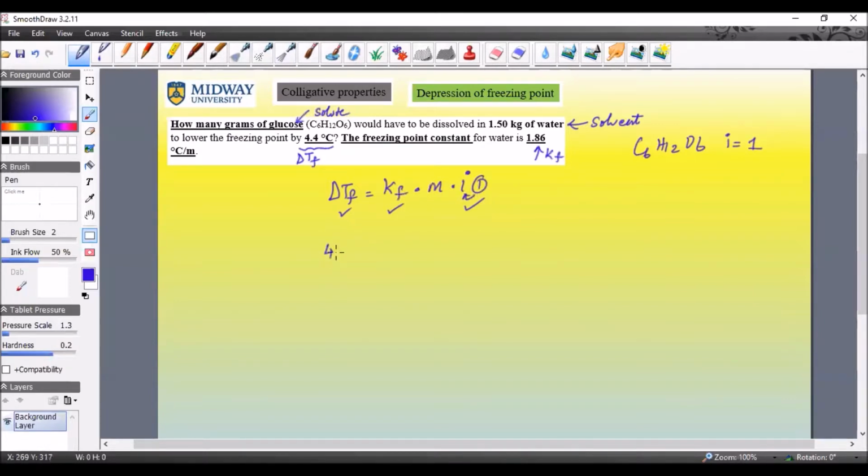The freezing point depression is 4.4, KF is 1.86, molality we don't know. That's what we need to find to get to the final answer. And I is 1. So M equals 4.4 divided by 1.86.